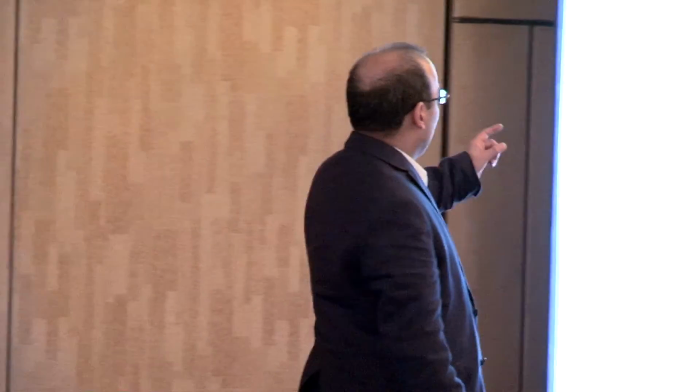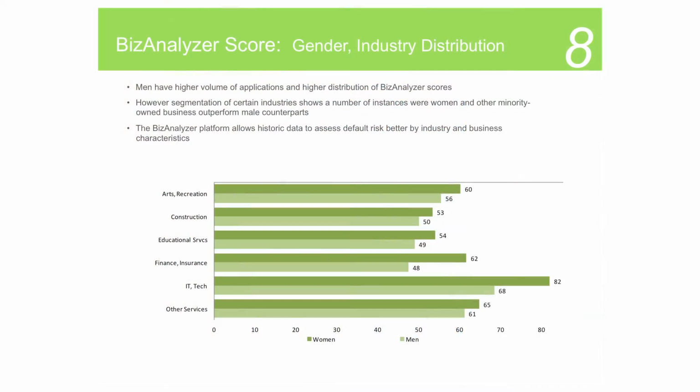Yeah. So basically, this slide is the difference between the Biz Analyzer score of men and women, which is a weighted mean of their personal credit, their business cash flow, and other aspects. Since people understand FICO really well, we incorporate it, and FICO still plays a role in that.